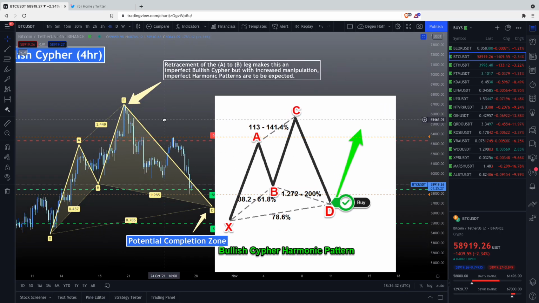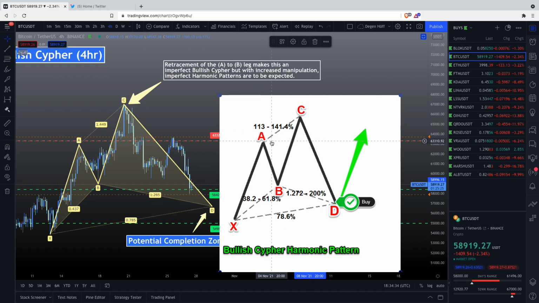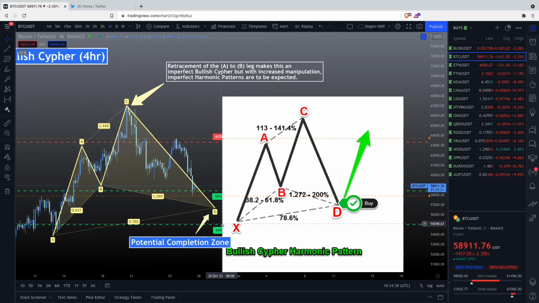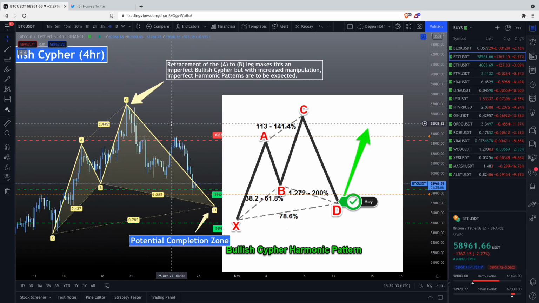So I look for that whenever these patterns are happening. It doesn't have to be a perfect pattern. It just has to be more or less the same XABCD, and then as long as it's showing the same visual perimeter of the pattern, and we deviate maybe by 5%, let's say, on either one of these retracements, I'm okay with that.